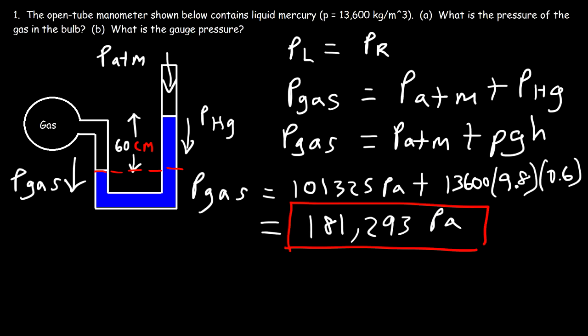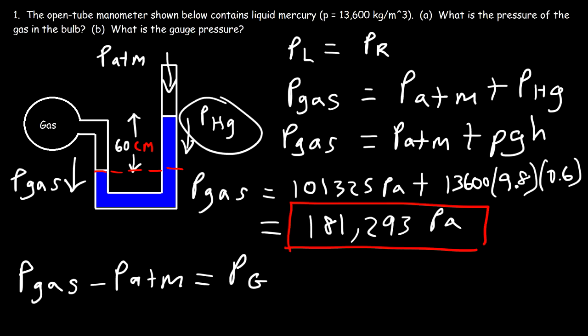Now what about the gauge pressure? The gauge pressure is the difference between the absolute pressure, which is basically the pressure of the gas, and the atmospheric pressure. The gauge pressure is basically the pressure due to the weight of the mercury column in this example. So the quantity rho gh, that is the gauge pressure.